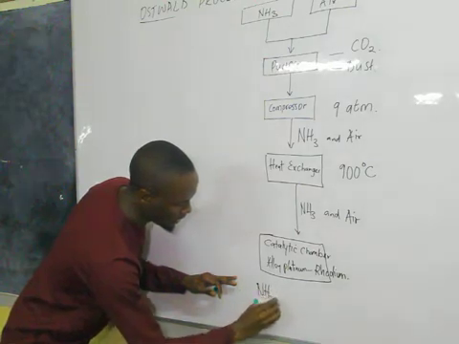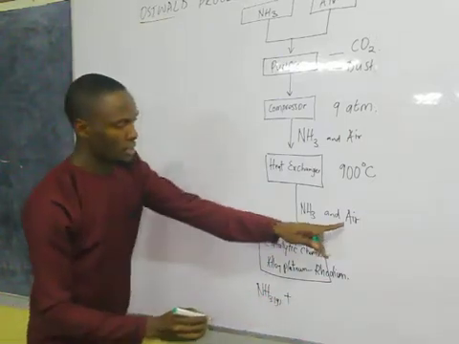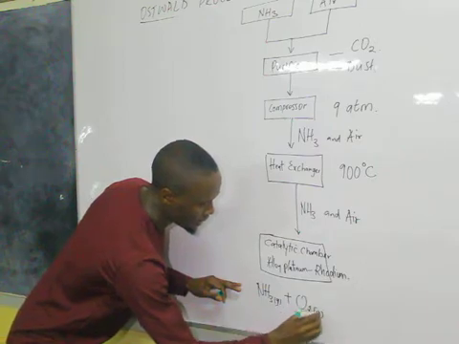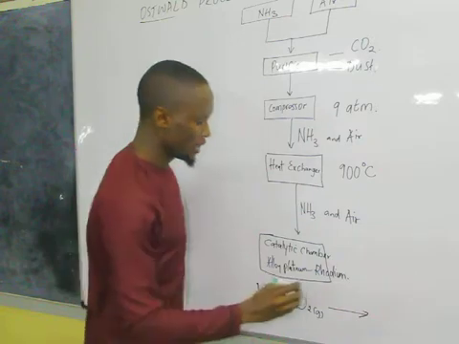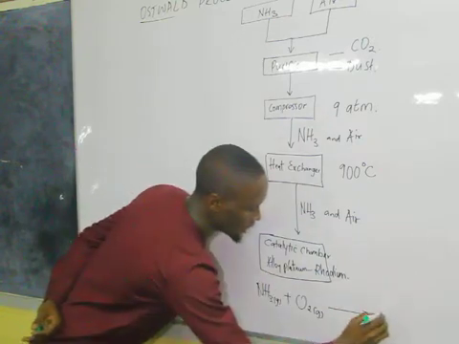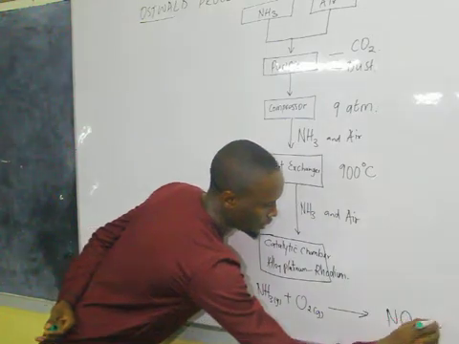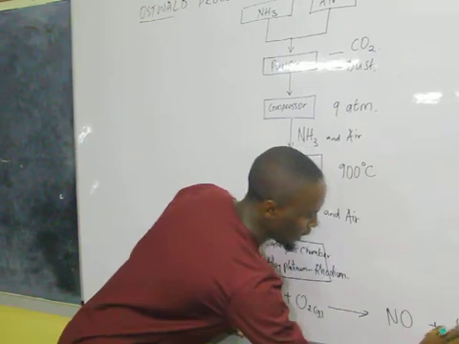This is the first chamber where a reaction takes place. Ammonia reacts with oxygen in air, oxygen gas, to form nitrogen 2 oxide, NO, and water.